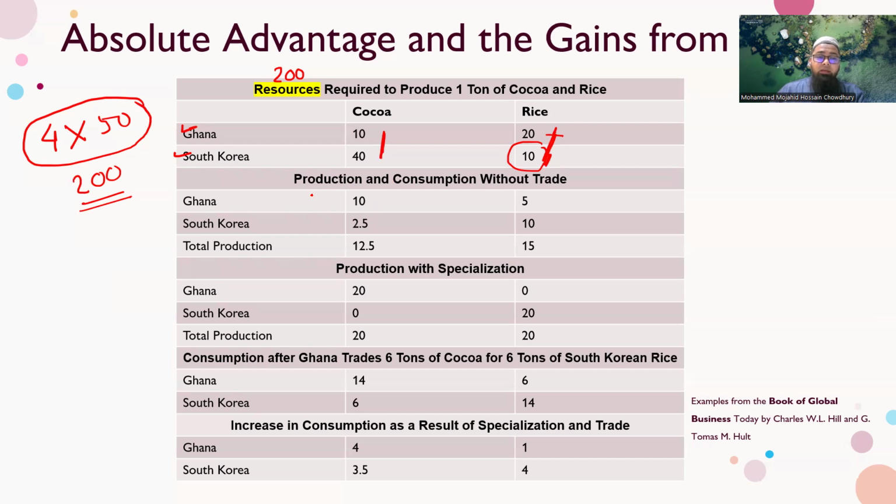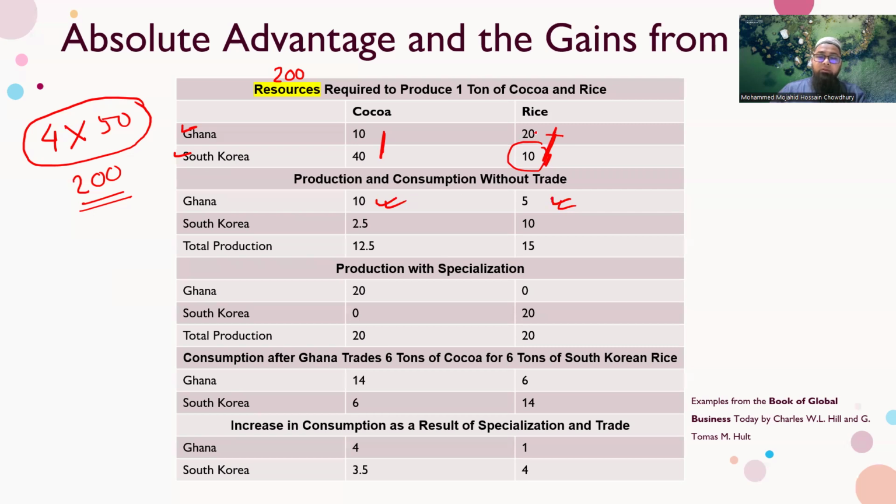Let's say every country has 200 resources, and we divide them into 100 for cocoa and 100 for rice. Ghana, with 100 resources at 10 per ton, will be able to produce 10 tons of cocoa.